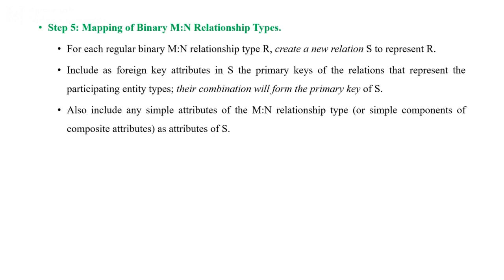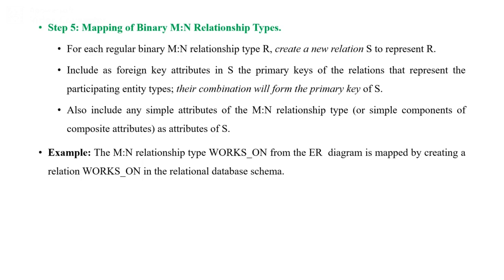So that is one example where I have specified that when these two entity types are participating in a relationship type R, the relationship is converted using the m::n mapping manner. It also includes any simple attributes of the m::n relationship type as attributes of S. In the same example, consider the works on relationship type.